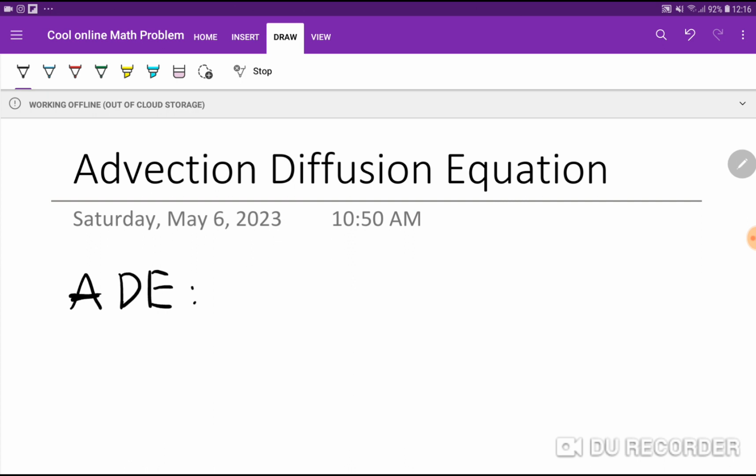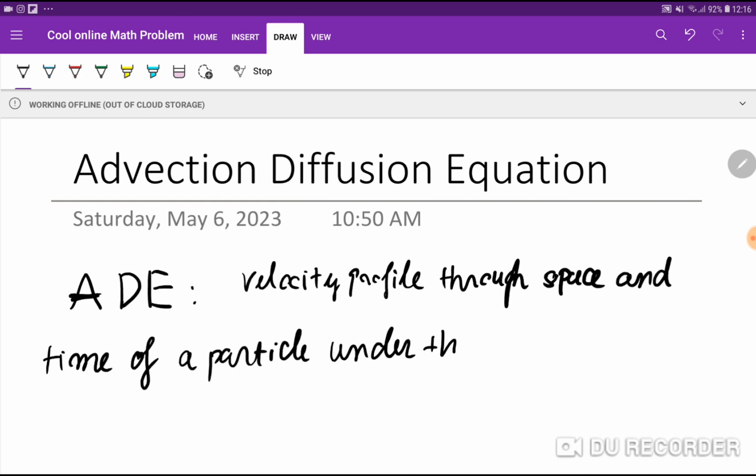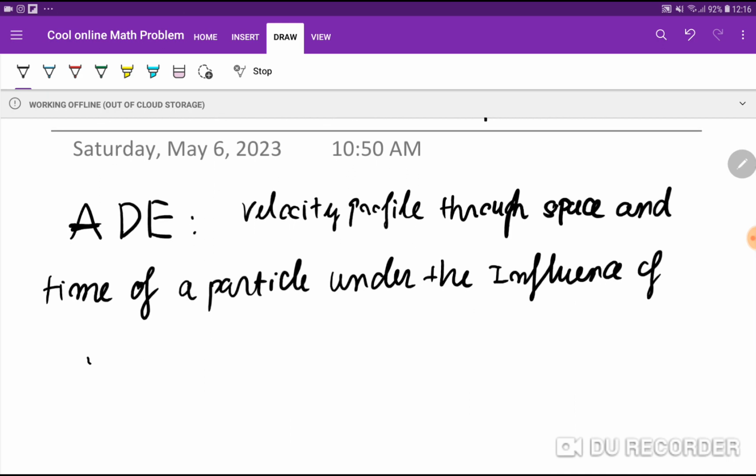In this case, we are interested in the velocity profile through space and time of a particle, and that particle is under the influence of dispersion and, I think, advection.